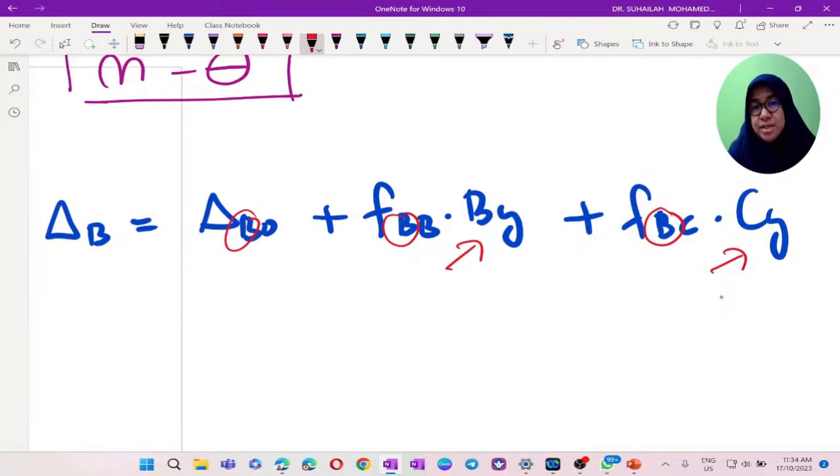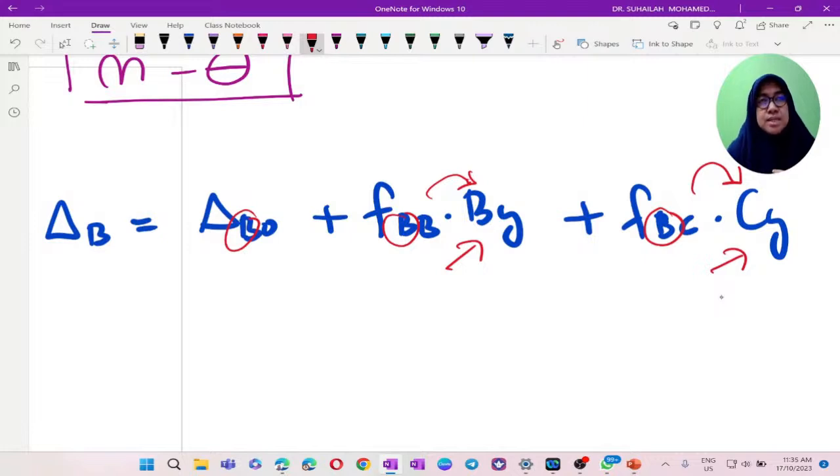FBB is deflection at position B for redundant BY applied. FBC is deflection at B for redundant CY applied. So this is how the equation looks. This equation is based on the principle of superposition.